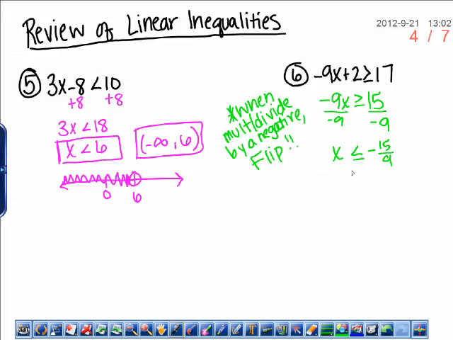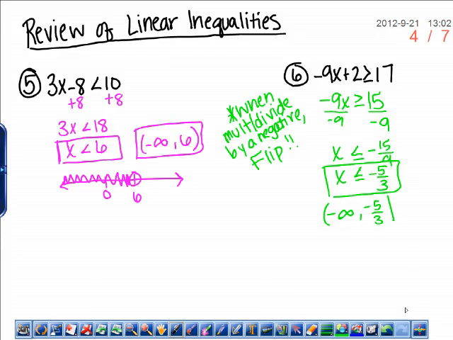All right, simplify our answer, and what will we get? No, that can be simplified. Good. That's our answer as an inequality. What's our answer as an interval? Negative infinity, comma, 5/3 bracket.